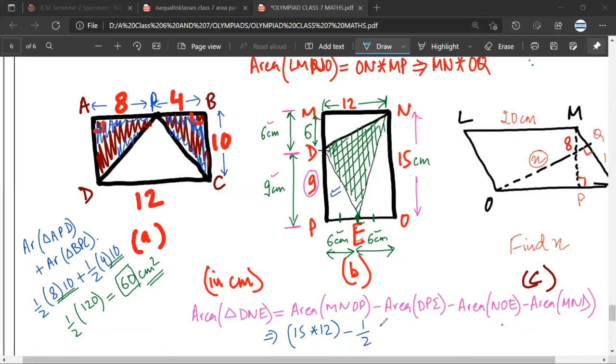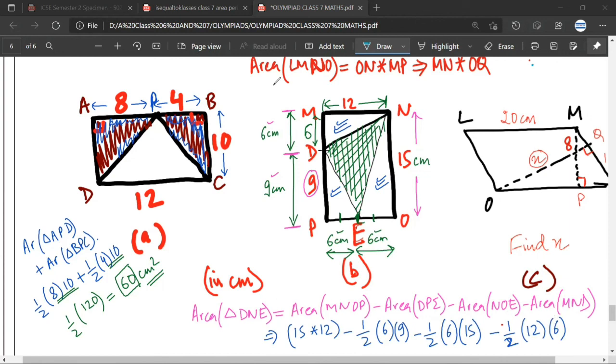This would be equal to half of base into height. Height is 9. Minus half, area of NOE. This is half base into height 15. Minus half, area of MND. This would be half base into height 6. Mr. Sarthak, do we agree? Yes, sir.